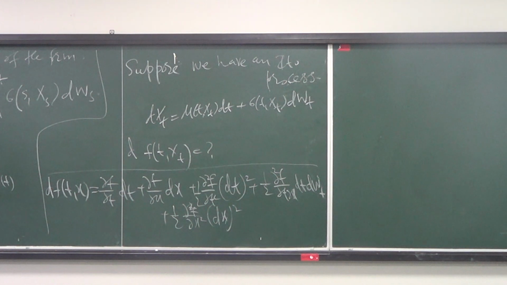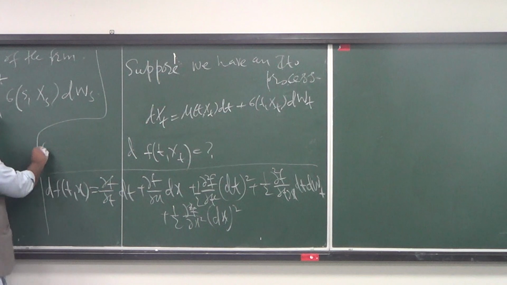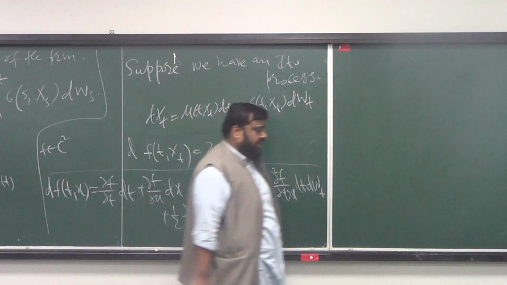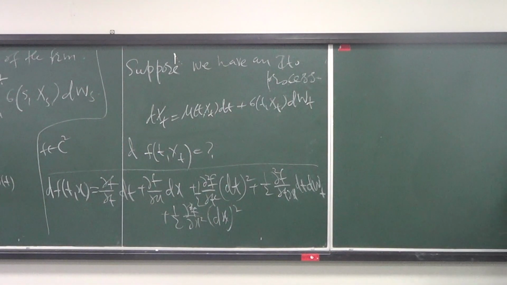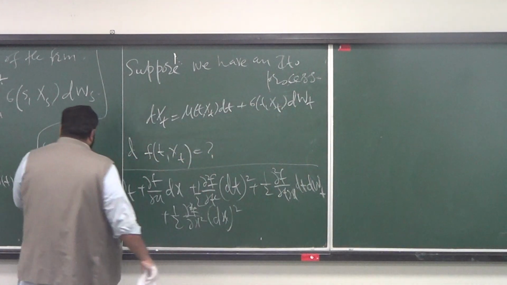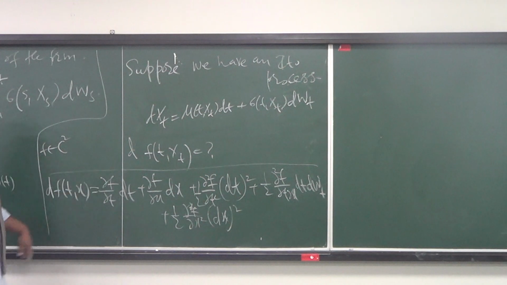We may assume that f is of class C², so both derivatives exist. This is the differential; if I want to say what it means, I have to write it in integral format.